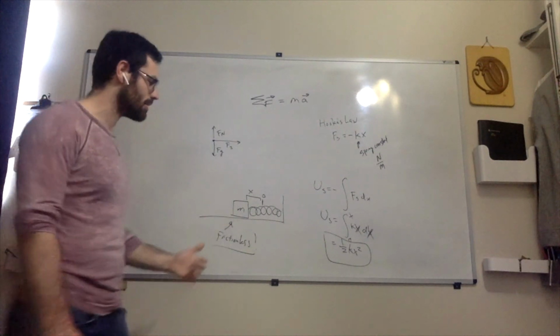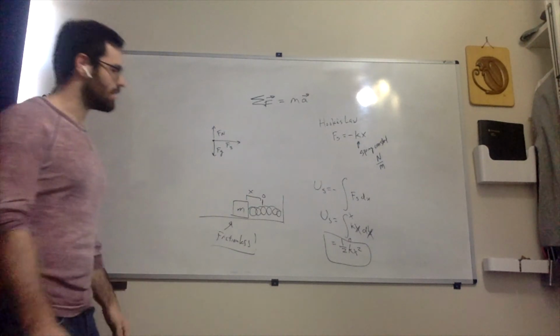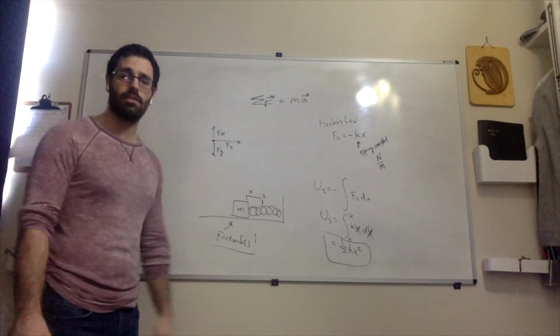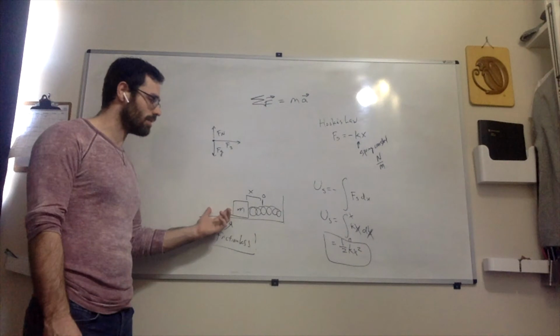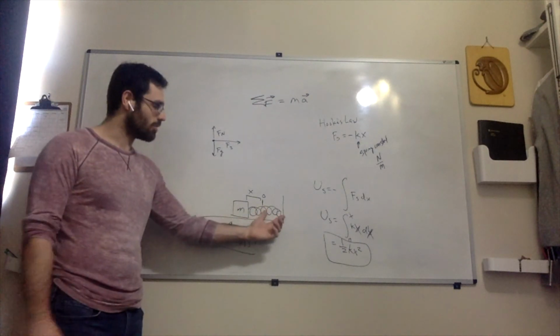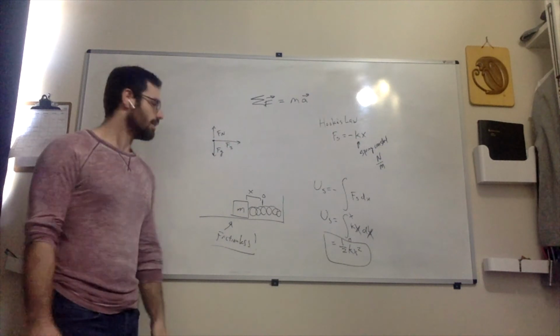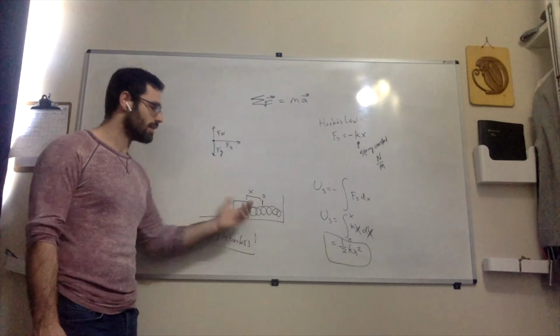Does it have gravitational potential energy that we care about? Not really. Does it have kinetic energy? Well, it depends. All the way out here, it will have none. If it's stopped all the way out here, it will have none. If it's stopped at any point, in fact, it will have none. But if it is moving, then it certainly does.